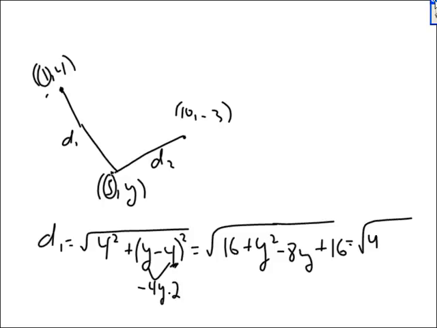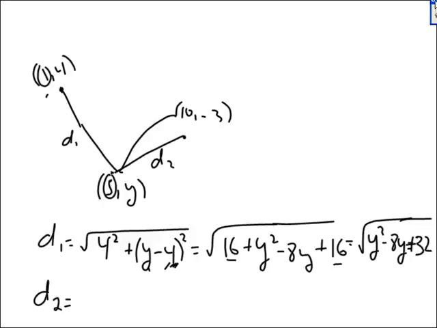That is, we get y squared minus 8y. 16 plus 16 happens to be 32. That is D1. Let us compute D2, set them equal, and solve for y. We'll have one equation at that point and only one unknown. D2. From 10 to 5, it's plus 5, minus 5, who cares? Plus y minus a negative 3, which is y plus 3.